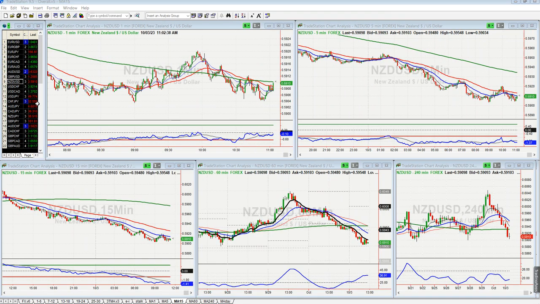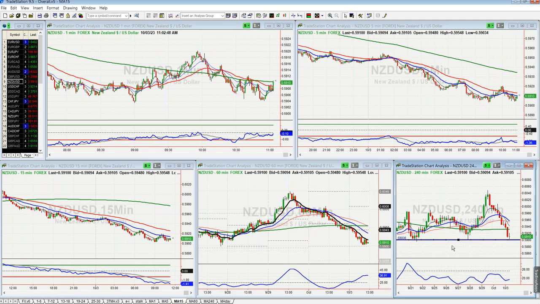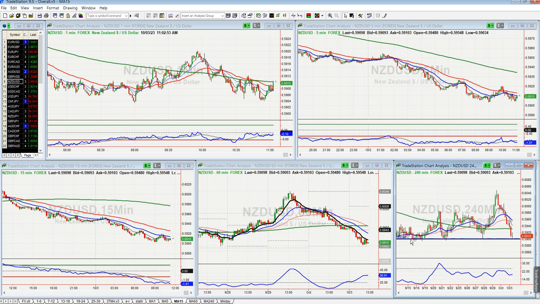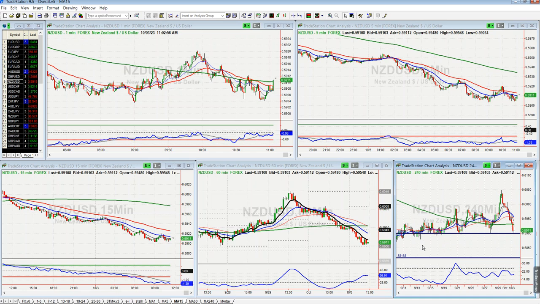Next one, New Zealand US, in green light mode. This has potential. It has not broken this wick low, so this has swing potential. If it breaks this wick, which is very close, then it can move, and there are other wicks, so it can move a long way. From a higher time frame perspective, that looks very good. But we don't need that.